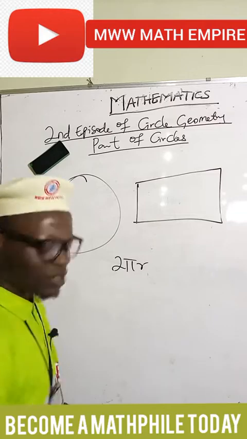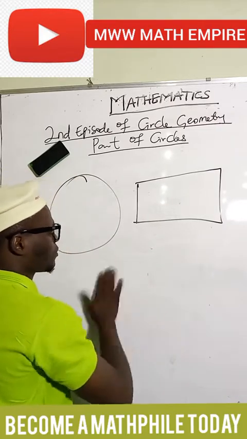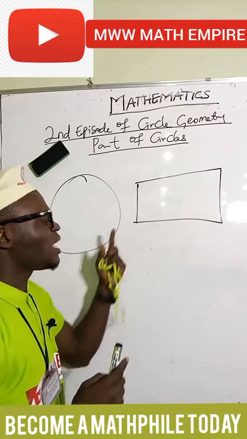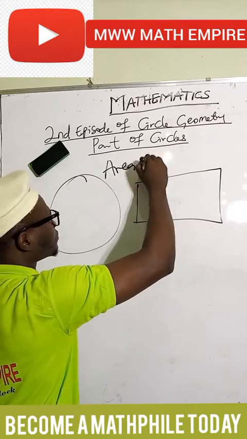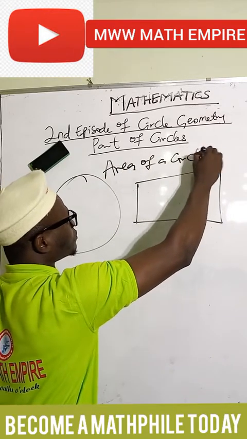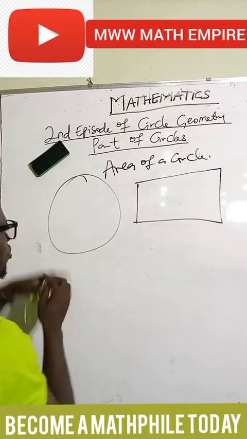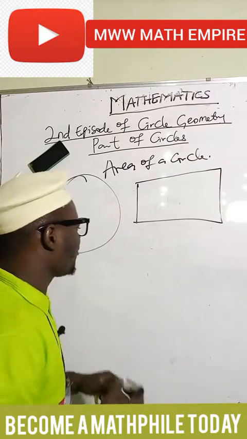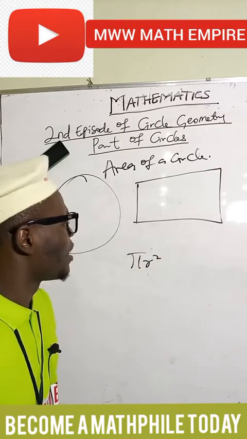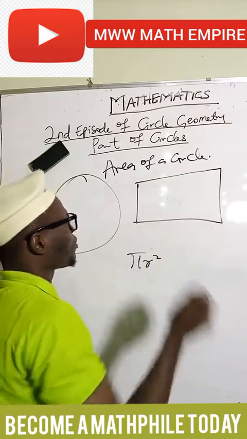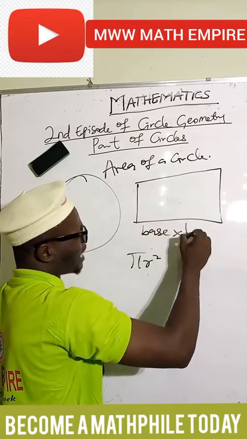But what I want to concentrate on now is the area of a circle. Once you see a circle, we have the formula as pi r squared, and we have the formula for a rectangle as base times height.